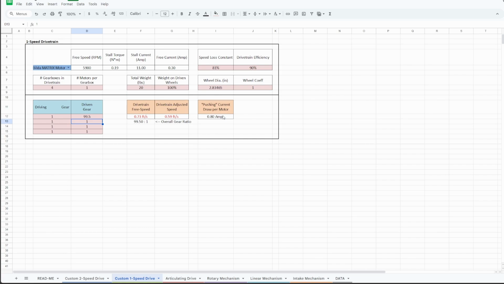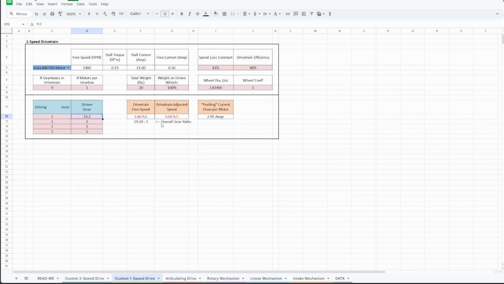The free speed shows it's 0.73 feet per second, but with that 90% efficiency and the speed loss constant of 81%, it actually works out to be like 1/6 of a foot per second, which is crazy small. That's like 2 inches a second or something. We don't need to be that torquey is really what it is. Our stall torque would actually increase, but again, we're not moving anywhere. There's trade-offs to everything and a perfect balance that needs to happen between speed and torque.